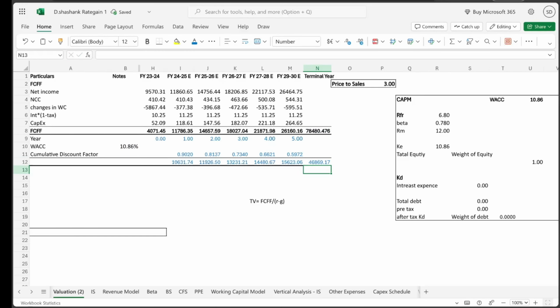But another method, and this is more promising according to me, is this cumulative factor into 1 divided by 1 plus discounting rate.